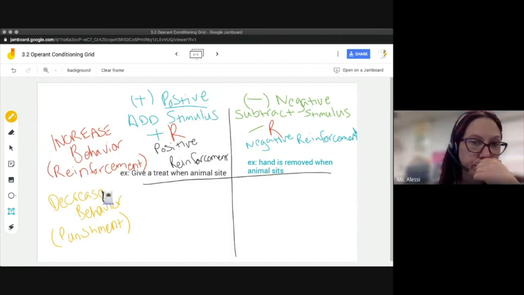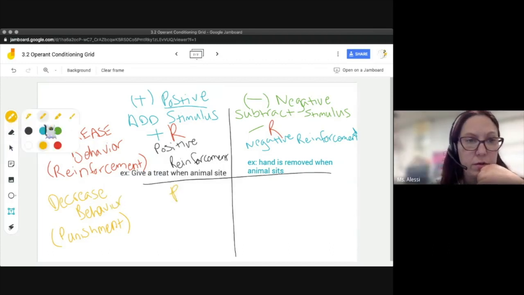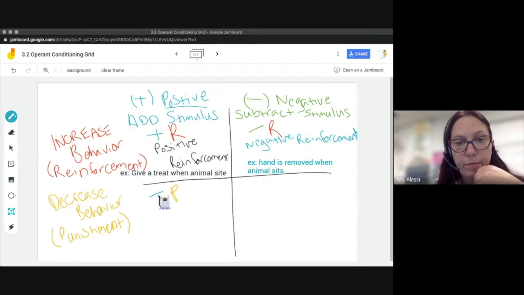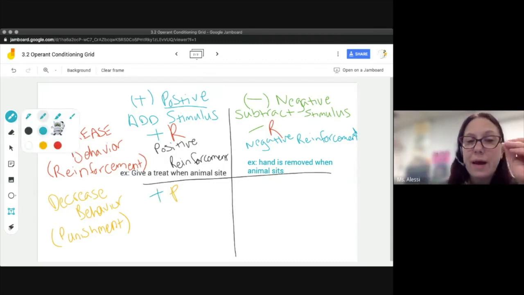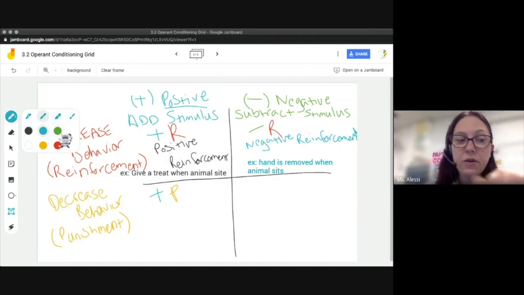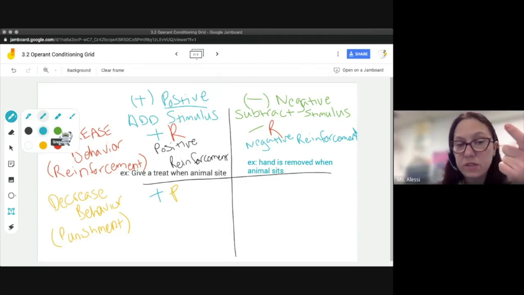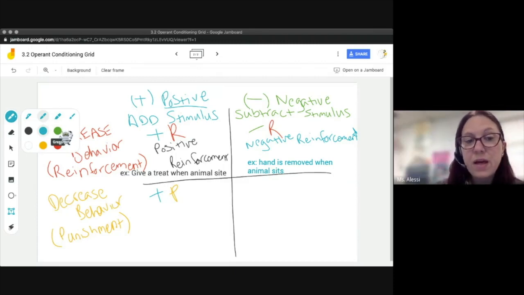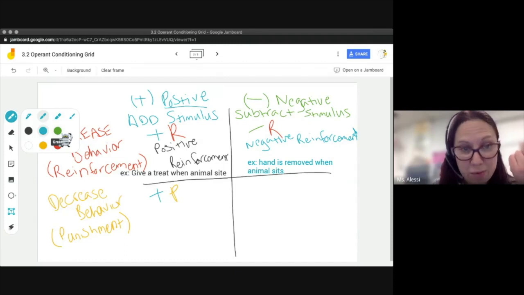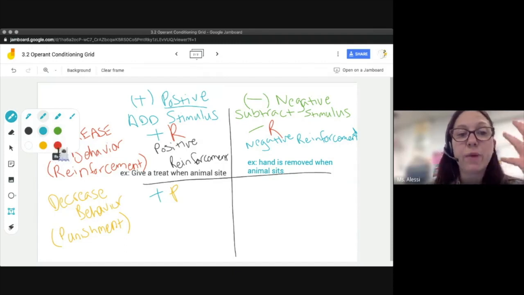So this is my P for punishment, but I'm going to be positive. Okay. So this is where I'm going to add a stimulus to decrease the behavior. Just like positive reinforcement is pretty easy to think about, positive punishment is also where we kind of get confused, because we don't think of positive in this sense.